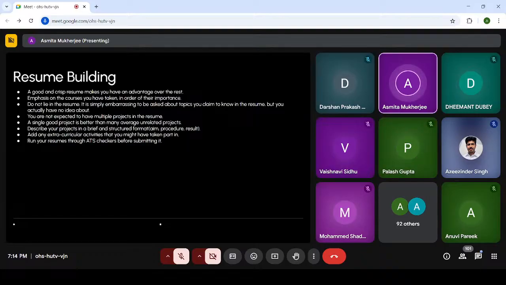Because resumes are slightly confusing, as most of us are doing it for the first time, I asked my seniors to send over their resume so that I could look at it as a reference, and I recommend you do the same so that you have an idea of how to go about it. You can add extracurricular activities as well, and I suggest you run your resumes through ATS checkers so that any spelling mistakes get automatically corrected, and also you can get an idea of how good your resume is.